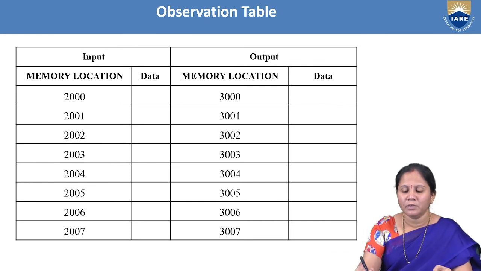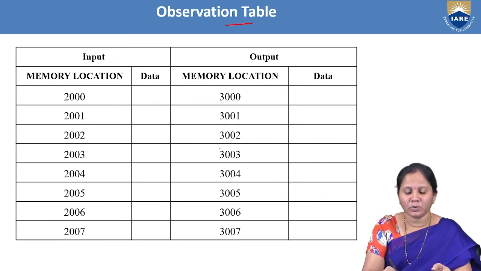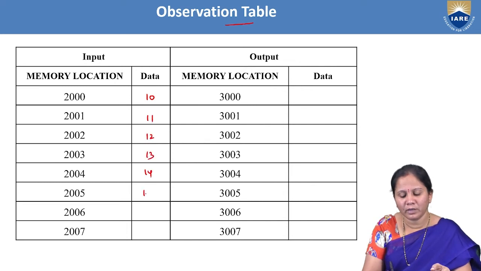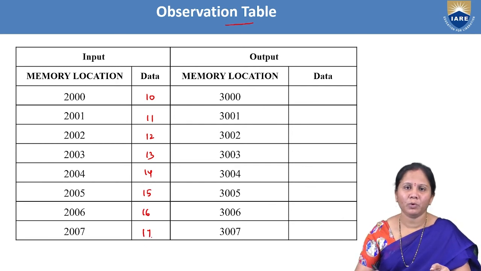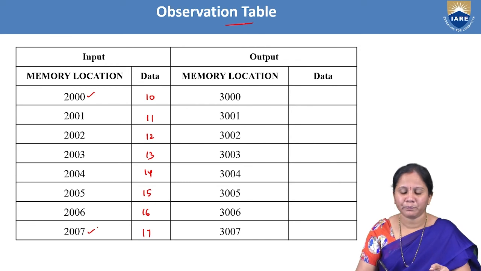Now, in order to write the observation table to move a block of data from one memory location to another, consider one memory location as input. Here we can take some inputs like 10, 11, 12, 13, 14, 15, 16, 17. Since in the program we have written the value of CX as 8 only, we can take the inputs from 2000 to 2007.